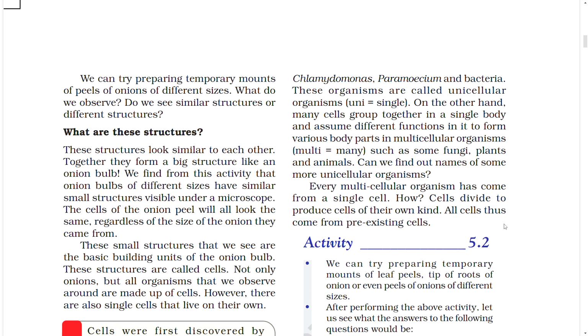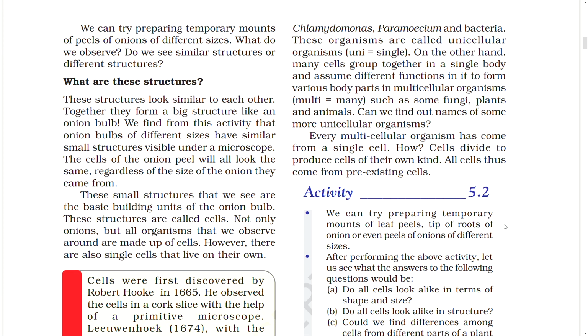We can try preparing temporary mounts of peels of onions of different sizes. What do we observe? Do we see similar structures or different structures? What are these structures? These structures look similar to each other. Together, they form a big structure like an onion bulb.